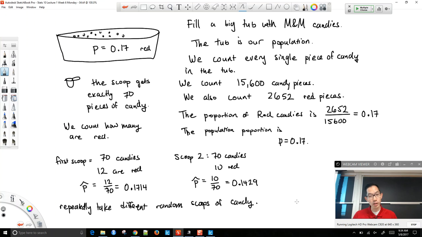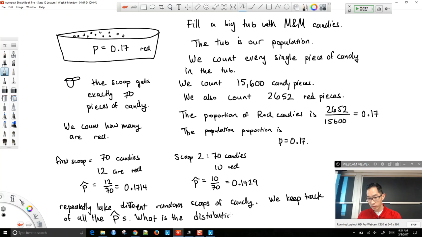We'll say we do this 1,000 times, 10,000 times or something. We keep track of all the p hats, and what is the distribution of the p hats? That question, what is the distribution of the p hats? That is our sampling distribution.